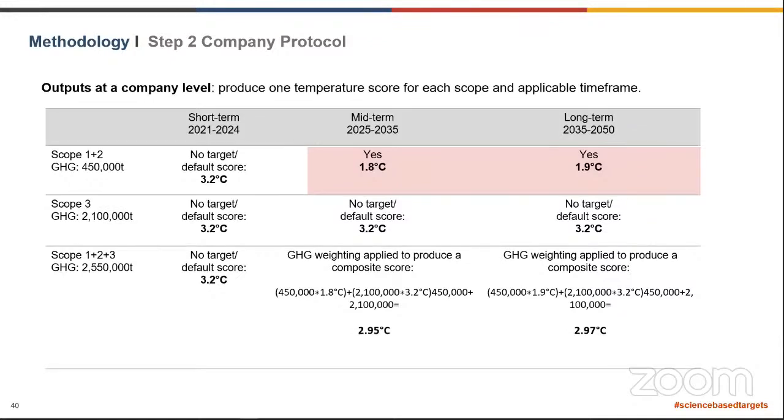And then what the tool also does at the end is aggregate and weight those to produce scope 1 plus 2 plus 3 scores. These will all be weighted based on greenhouse gas emissions at the company level. So even though the company has only disclosed targets on specific scopes and timeframes, we are able to produce an assessment of all scopes and all timeframes when we also incorporate this default scoring approach.